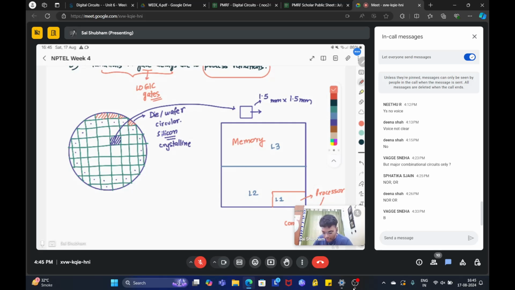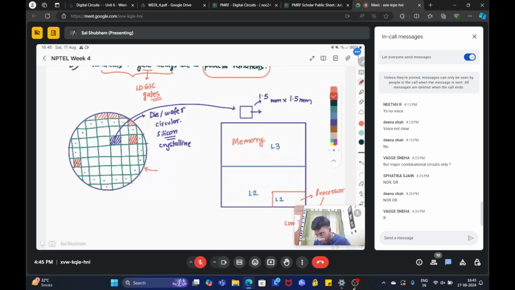So process variation says that when you're manufacturing this big wafer, and it has many chips and many smaller processors and combinatorial circuits, there is no guarantee that the AND gate that you fabricated here in this chip will be identical to the AND gate that you fabricated here.